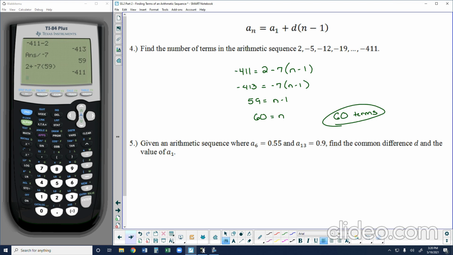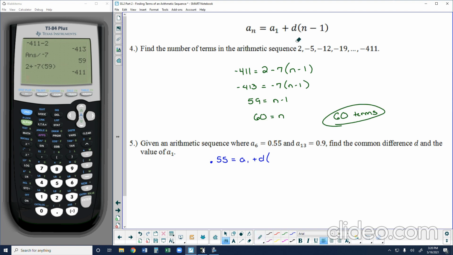So the 6th term, let's start there. The 6th term would be 0.55. So if I go back to my general or explicit formula, 0.55 can go in for a sub n. Then a sub 1, the first term, we don't know right now, so I'm going to leave that as a variable. d, we also don't know right now, so I'm going to leave that as a variable.